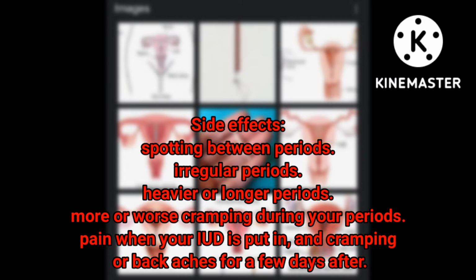The side effects are spotting between periods, irregular periods, heavier or longer periods, more or worse cramping during your periods, pain when your IUD is put in, and cramping or backaches for a few days after.